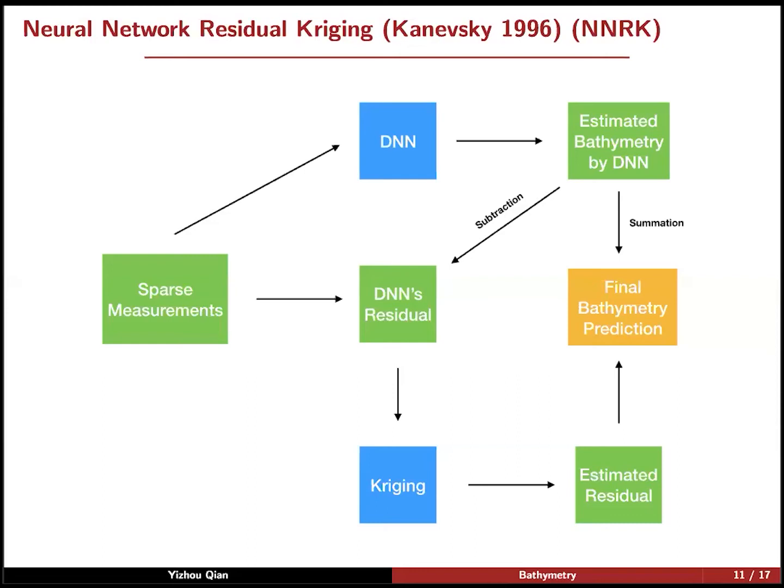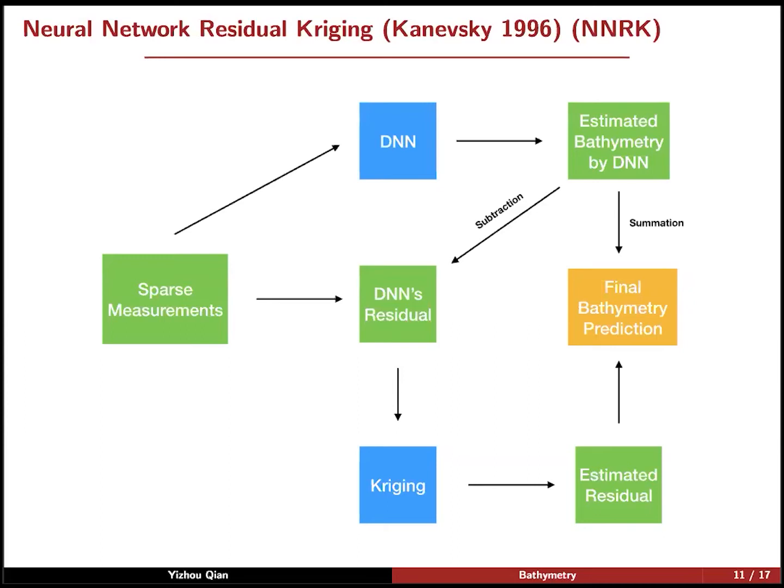Second, I want to mention that it is also possible to combine deep neural networks with Kriging, in the sense that we first pass our sparse measurements into deep neural networks to obtain our first step estimation.